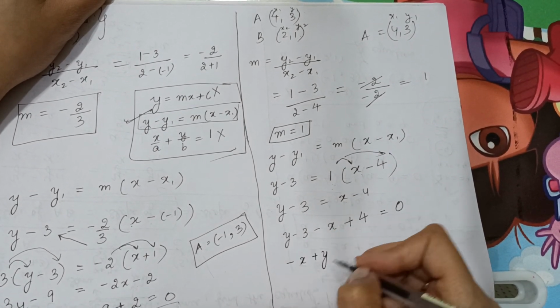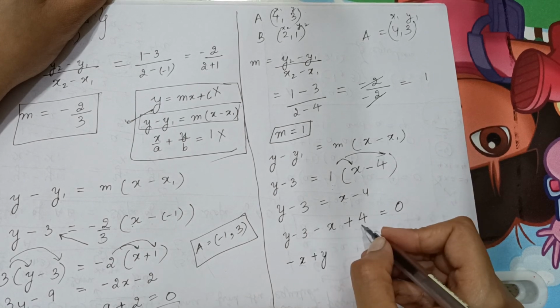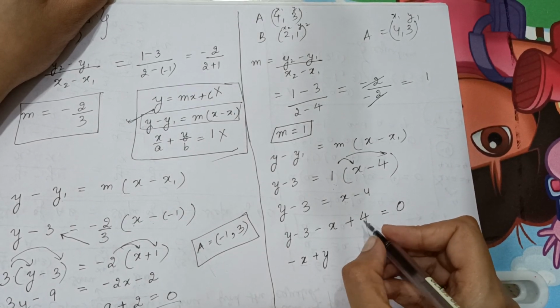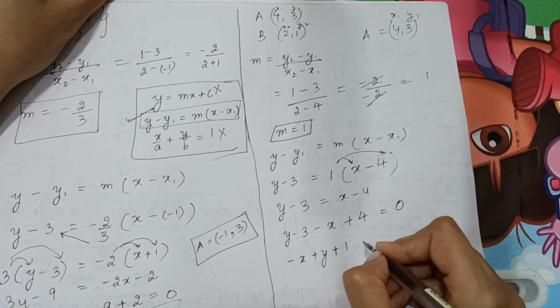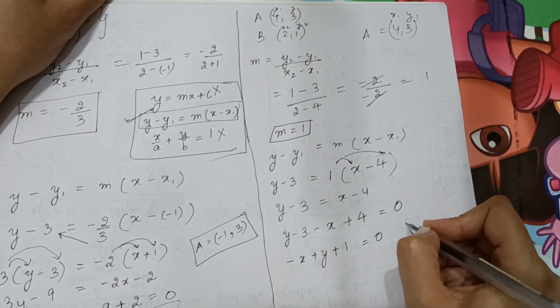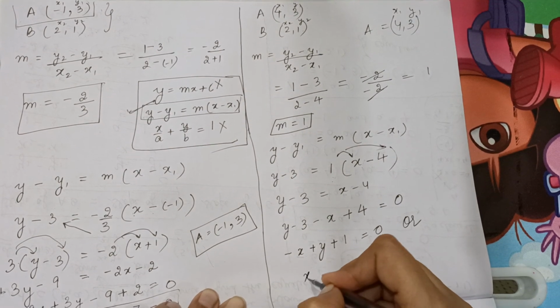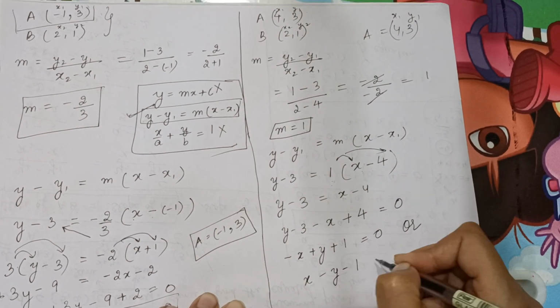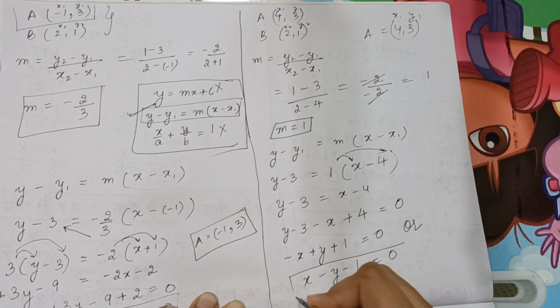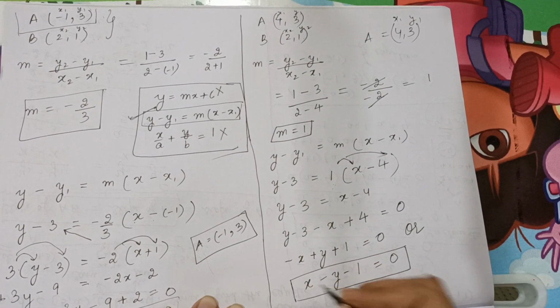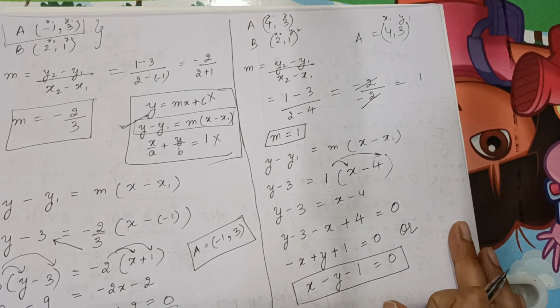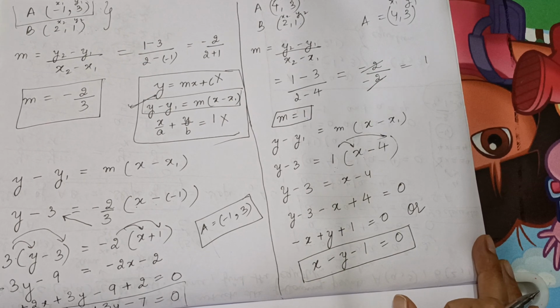So minus x plus y, minus 3 plus 4. So this will become plus 1 equals 0. Or you can also write it as x minus y minus 1 equals 0. Just multiply the entire equation by a minus sign so that x can be positive. So here we completed this question.